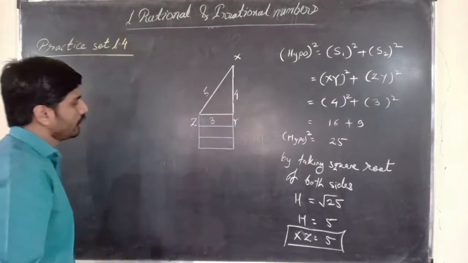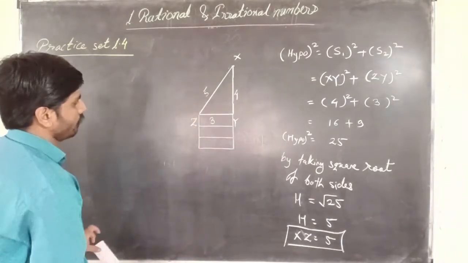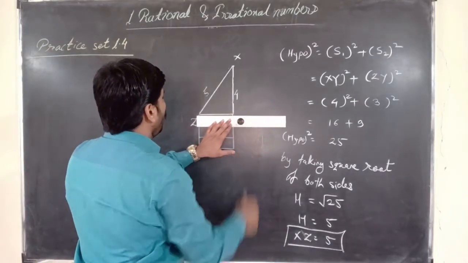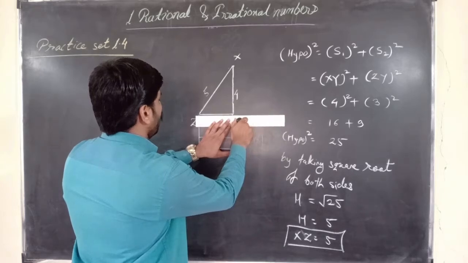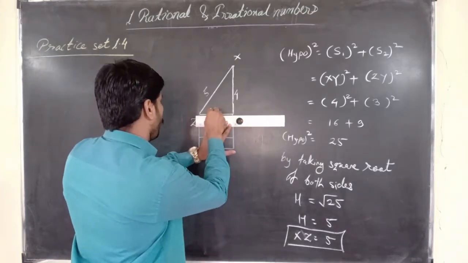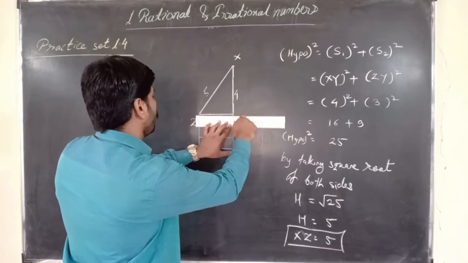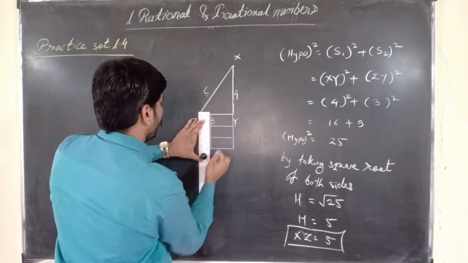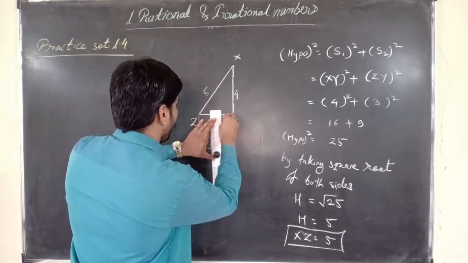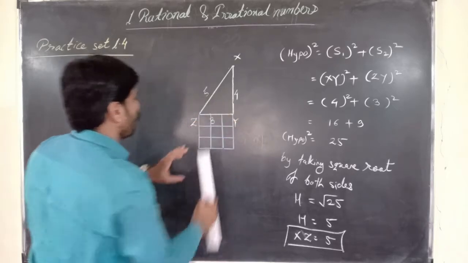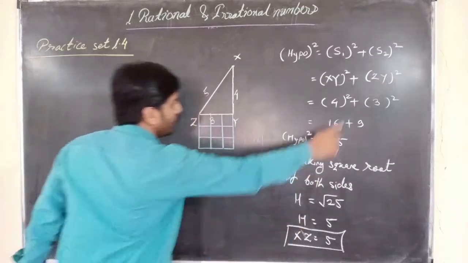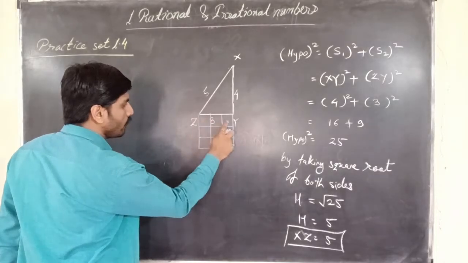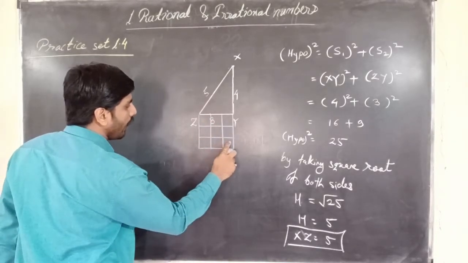So this is 3 unit, first, second and third unit. Again we will part another side in 1 unit. So here we will get square of 3. We know that square of 3 is 9, and here we have got 9 squares: 1, 2, 3, 4, 5, 6, 7, 8 and 9.